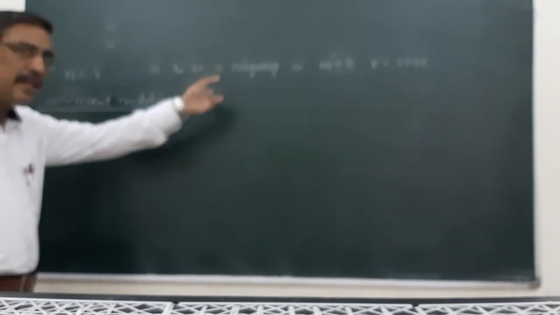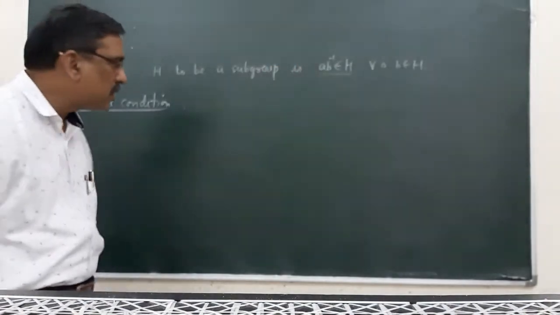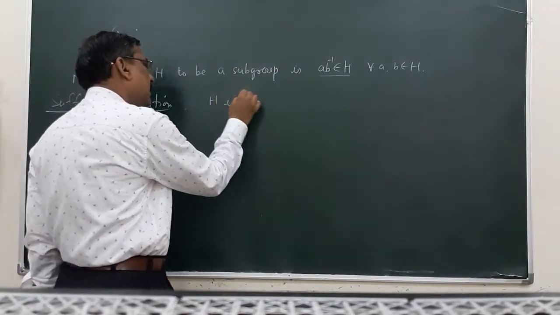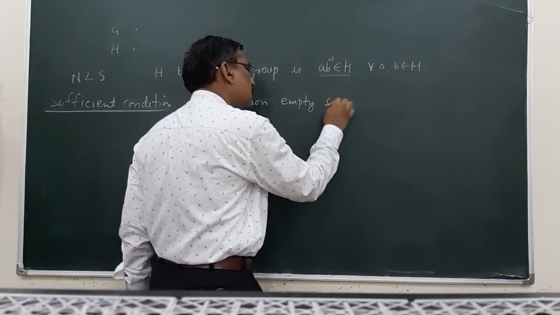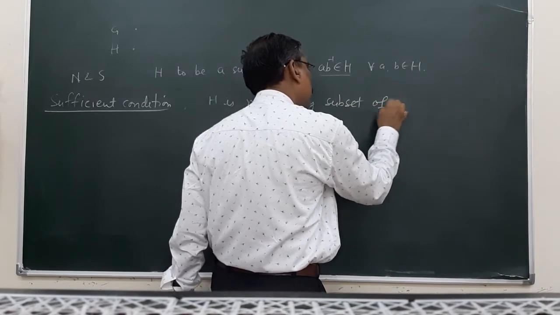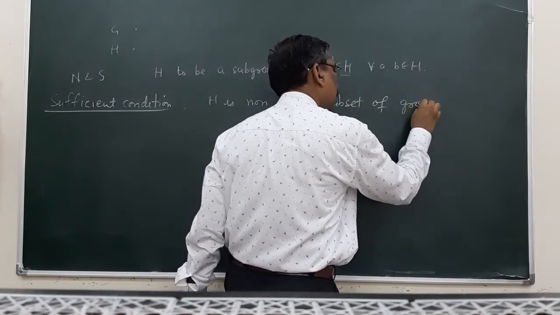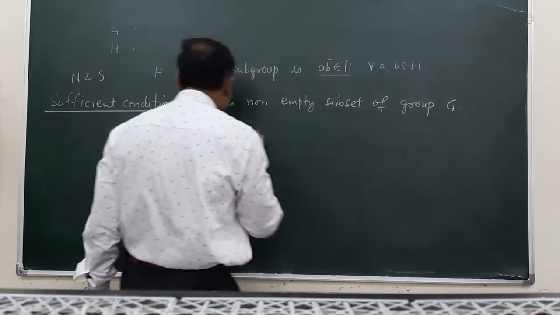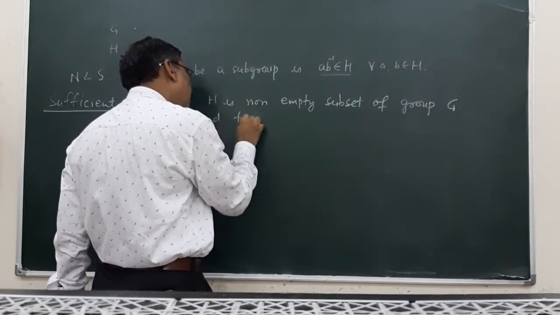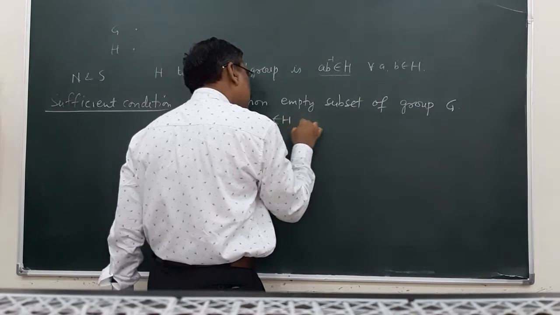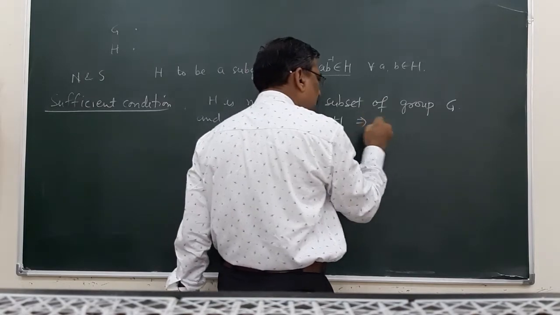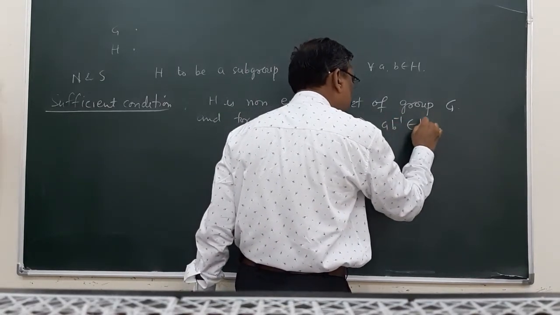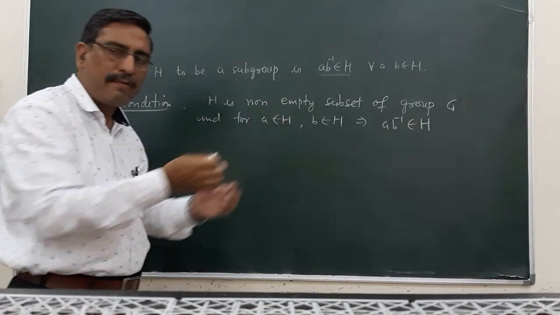We are given that H is a non-empty subset of group G, and for a belongs to H, b belongs to H, implies a b inverse belongs to H. This is what we are given.